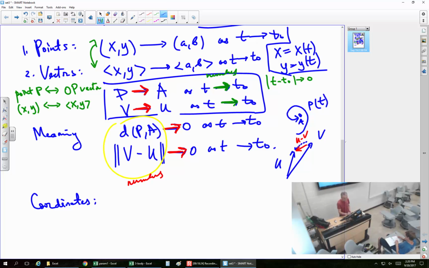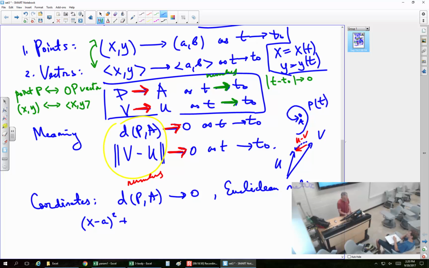So, for example, as I said, d(P, A) is going towards 0, so I use the distance formula, the Euclidean metric. So it will be, say, let's go two-dimensional, so it will be the square root of (x minus a) squared plus (y minus b) squared, going towards 0.